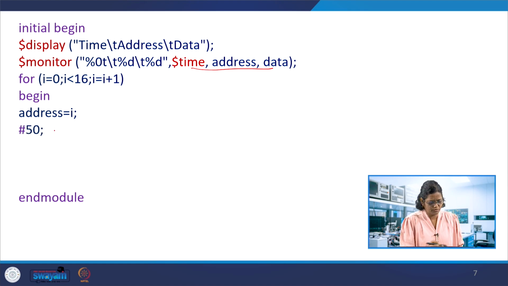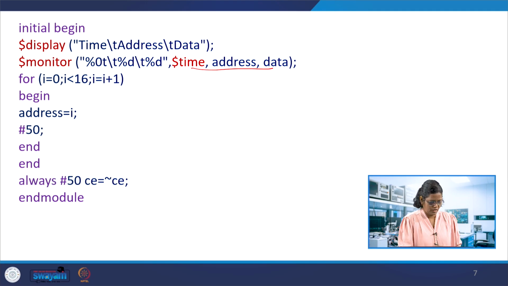Give some time for each iteration. This is up to you, hash 50 for example, and this begin ends over here and this begin ends over here. So here keep changing the chip select. Chip select can be made one all the time, and then keep selecting if every data needs to be recovered. Otherwise you can make this chip select on and off also.